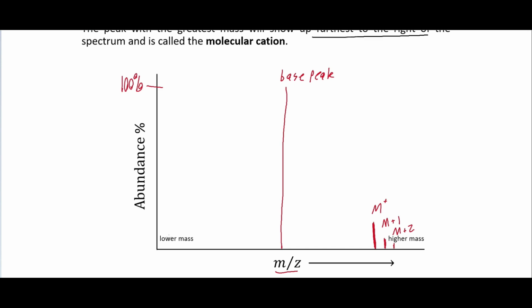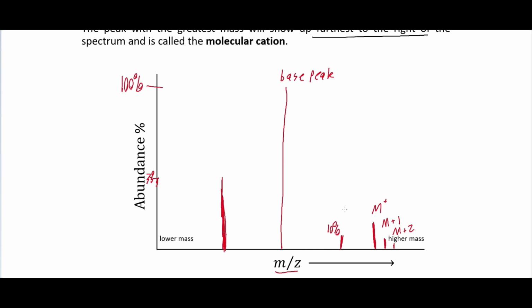There will also be other peaks on here. Usually they will be some distance away from each other that can be predicted by the size of the fragments, and they will have a height that can be predicted by the size of the fragment. So we might have something right here that is 33%, and then this one over here, which is maybe like 10%.